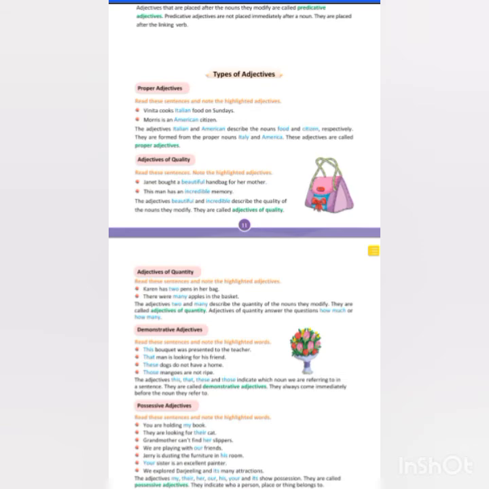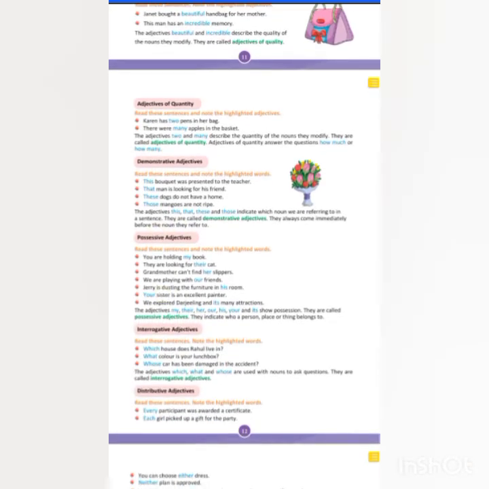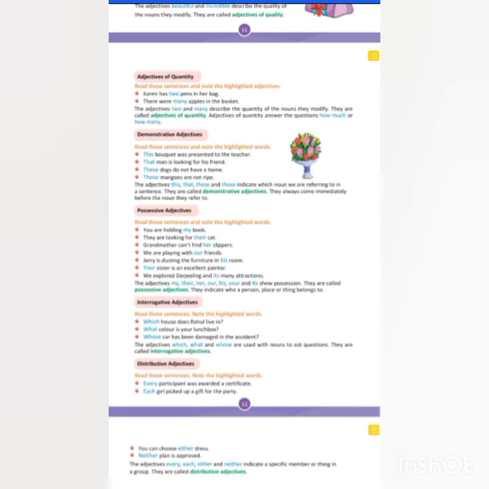The third is quantity. For quantities, you can ask the question by using how much, how many, and then you can recognize it. See the examples. Karen has 2 pens in her bag. There were many apples in the basket. The adjectives two and many describe the quantity of the noun they modify.